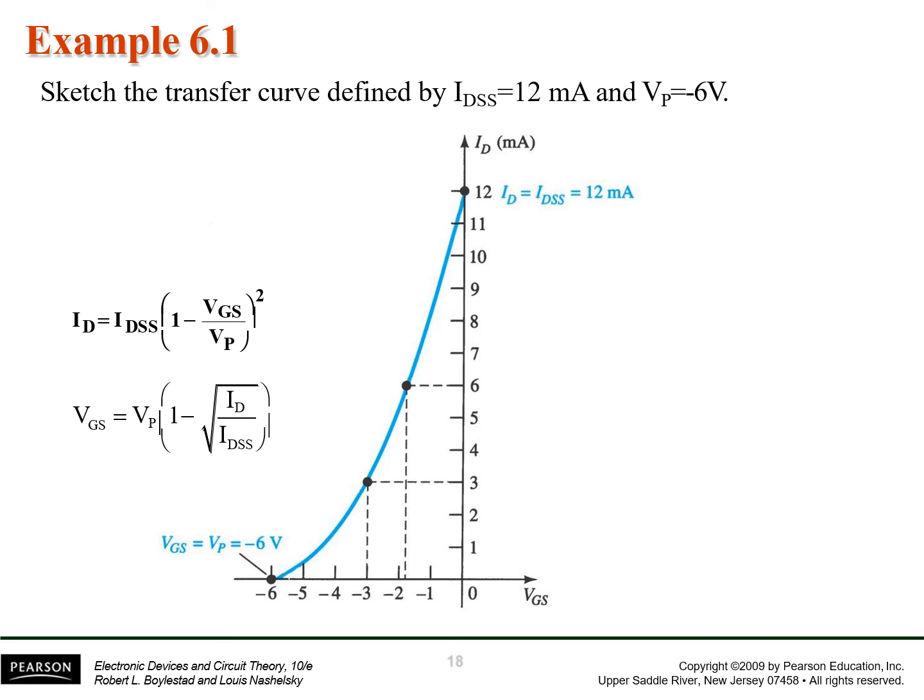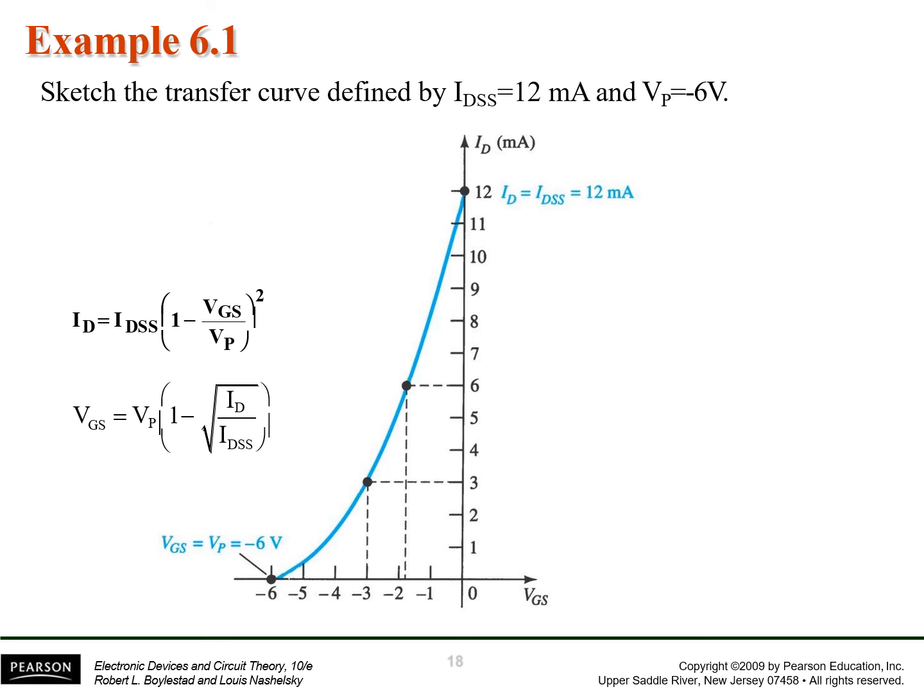Here in this case, you can see the curve that we can draw by putting different values. First of all, we can put the value of VGS equal to 0. In that case, the value of ID comes out to be IDSS. If we put the value of VGS equal to VP, or minus 6 volts, the current would be 0.